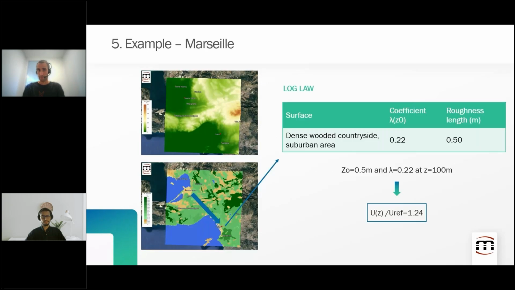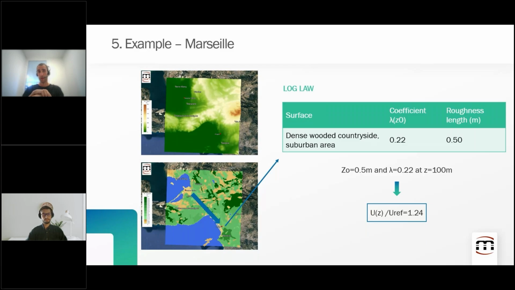On the next slide. Okay, thanks. So you have the case where you have airports. You can have a look on the left bottom image with the arrow from the airport to the city. You have land occupation on the bottom image, and you have orography on the top image. So we are transferring from the airport to the city of Marseille, which is in the suburban area.